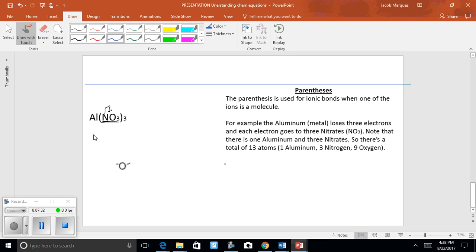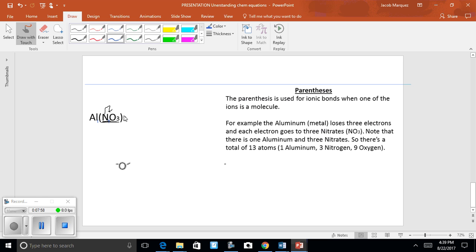Now, let's look at the subscripts. There's no subscript for aluminum, right? So we assume that it has a 1 subscript. There's going to be 1 aluminum in there. In this parentheses right here, the nitrogen has no subscript, so we assume that there's 1 nitrogen. And the oxygen has a subscript 3. So there's going to be 3 oxygens bonded to this nitrogen.